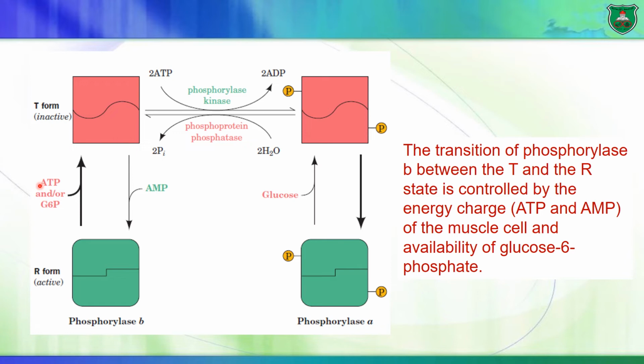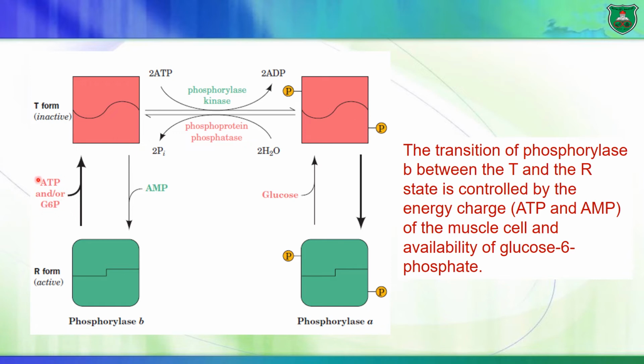There is no need to remove glucose from glycogen, because there is enough energy, whether it is in the form of ATP or if there is a lot of glucose 6-phosphate in the system.